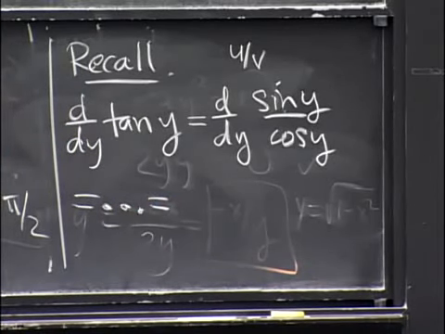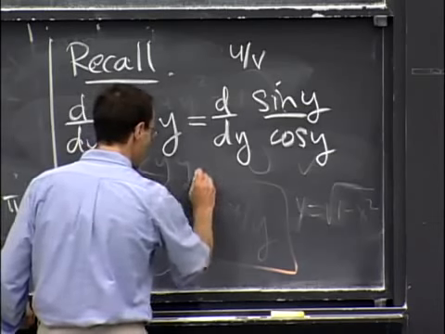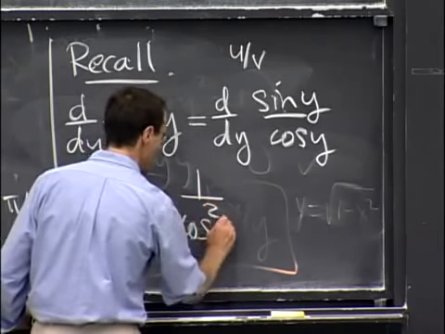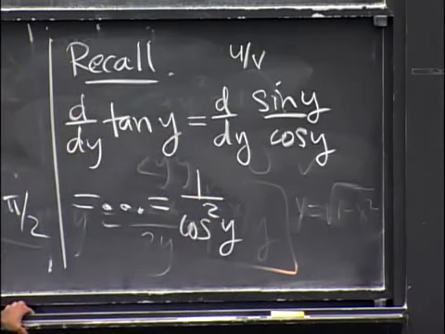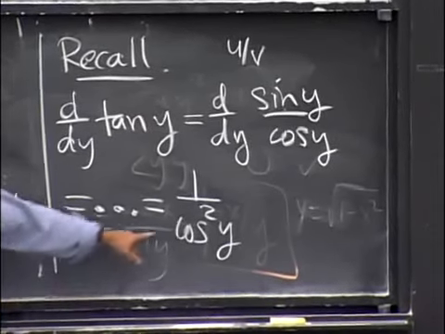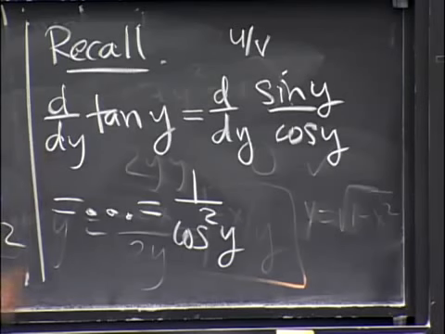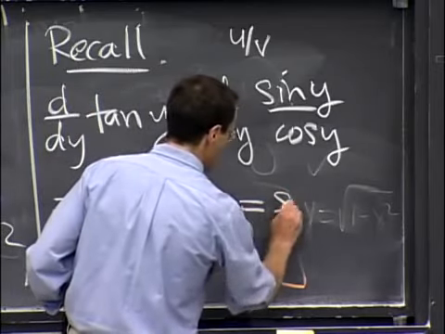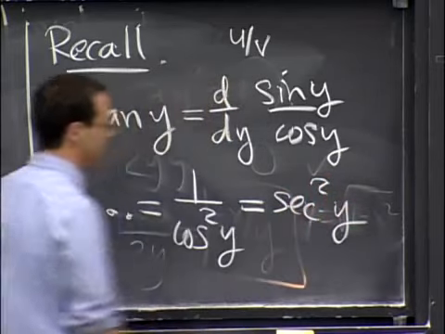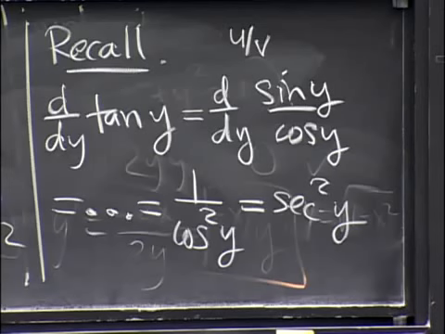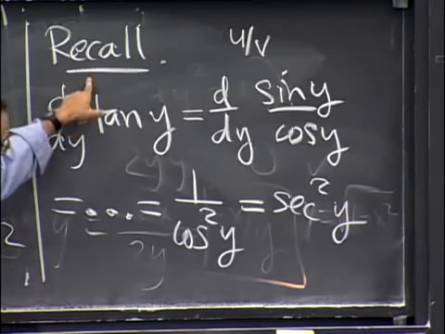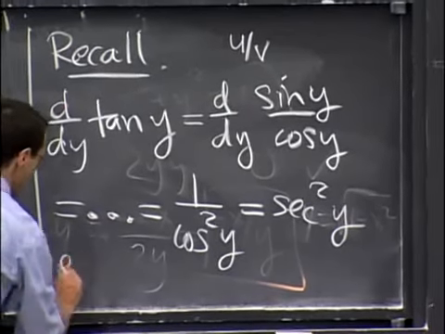Okay. But what you get in the end is some marvelous simplification. It comes out to be 1 over cosine squared y. You can recognize the cosine squared from the fact that you should get v squared in the denominator. And somehow the numerator all cancels and simplifies to 1. Okay? And this is also known as secant squared y. All right? So that's something that, if you haven't done it yet, you're going to have to do as an exercise.